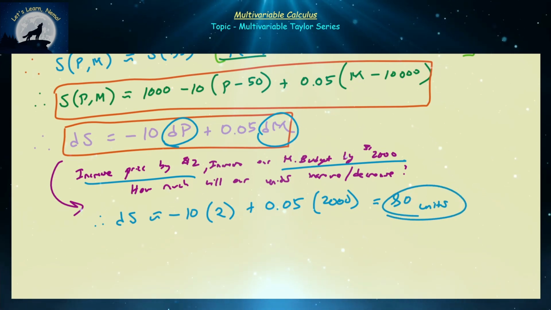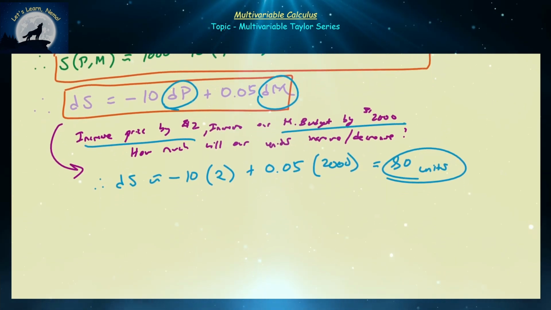So if we increase our price by $2, which is a little bit sadder for the customer, and if we increase our marketing budget by $2,000, which is a little bit sad for us because we're spending more money, even though we're getting more sales, we're only going to be selling on average approximately 80 units from this approximation.